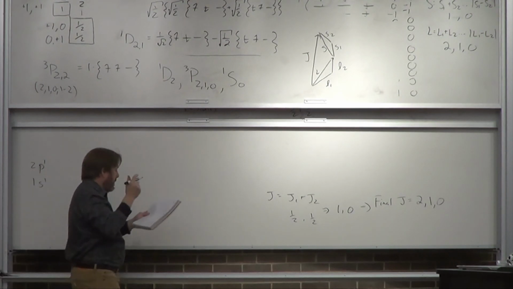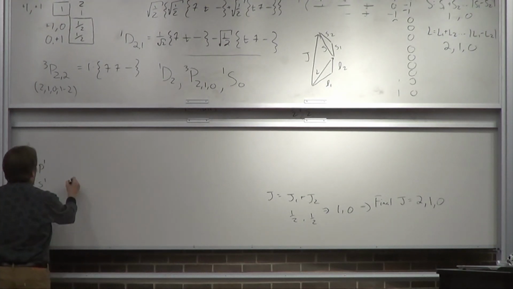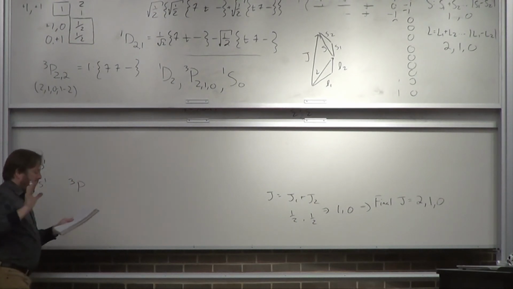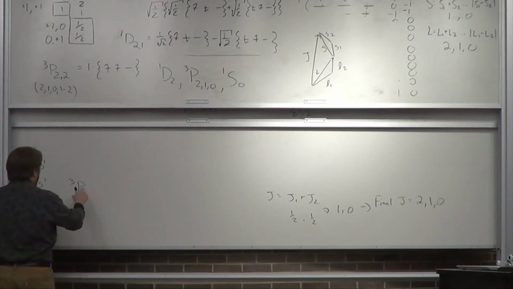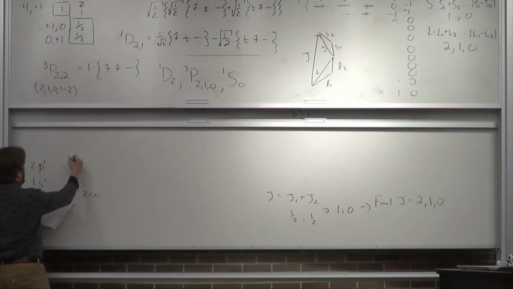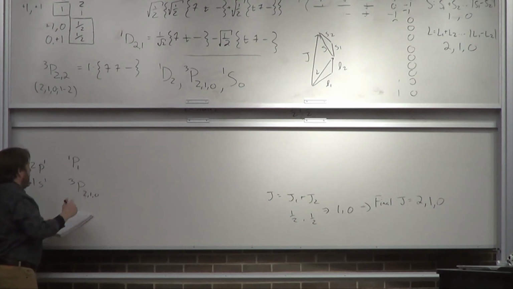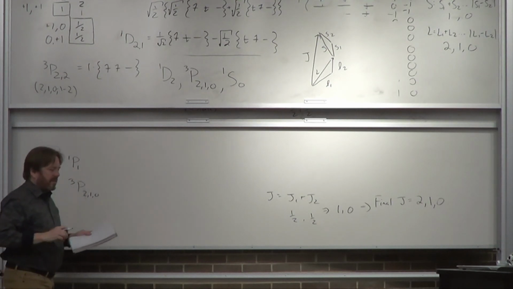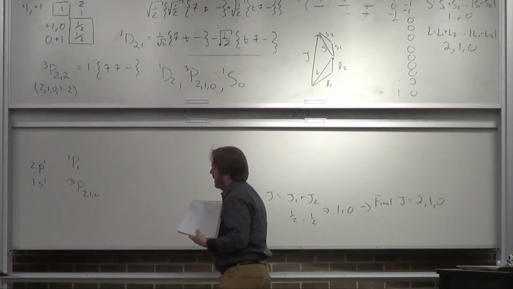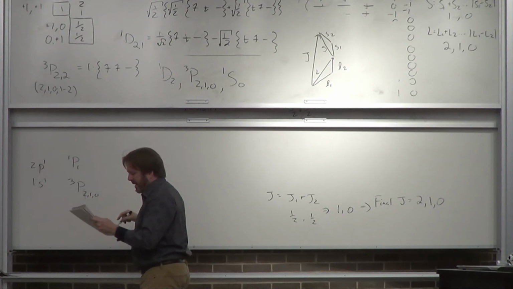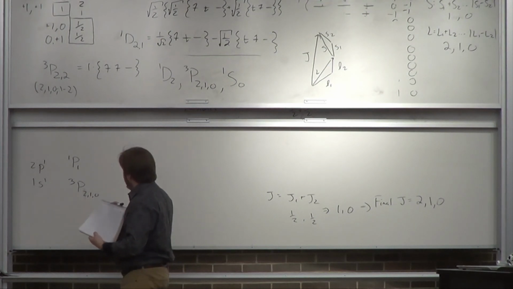For this example, our LS coupling gave us triplet P's, and again, that will be the L1, 2, 1, 0. That's the lowest energy. We've got a 1P, and of course that can only be 1. There's 3 of those. And what was there? That 9 of these, is that right? I think that's right. So this is the LS.